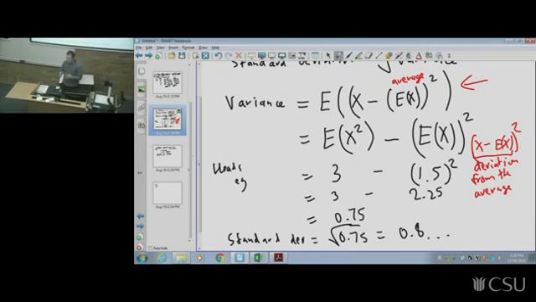The deviations tell how spread out it is, squaring makes them positive, and we work out the expected value of that, and that's what the variance corresponds to. Now the downside of that approach is if all the original numbers had units, say meters, then the variance would have units of meters squared.